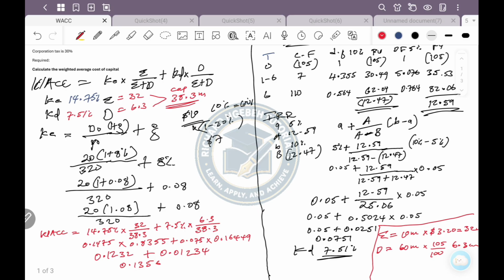Rounding up matters. So basically you multiply that by 100, and your WACC will now be 13.56%. This is how we solve for WACC when our debt is redeemable.